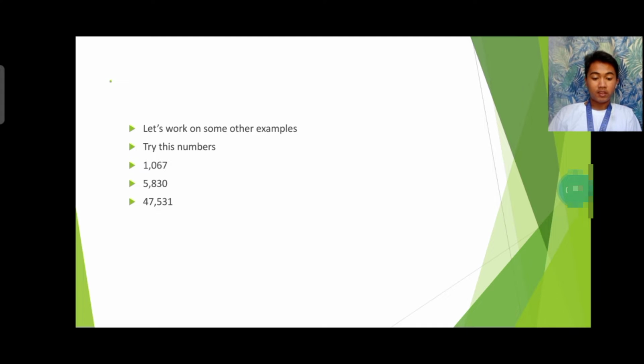So 5,830 will be even. 47,531, 1 is odd. So that whole number is going to be odd. So 47,531 is an odd number. So that is a quick, simple way to identify even and odd numbers.